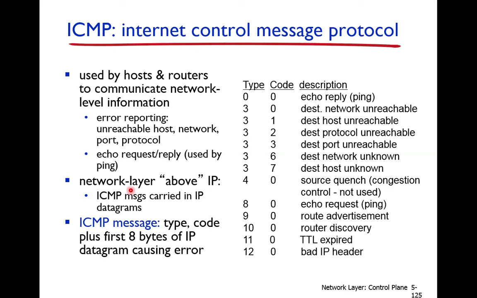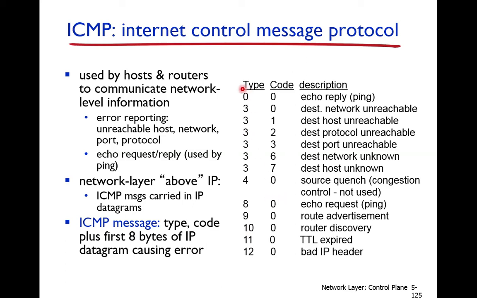In ICMP, there are different types of messages, and these messages have a type and a code. The type value could be 0, 3, 4, 8, 9, 10, 11, 12, and the code value could be 0, 1, 2, 3, 4, 5, 6. Okay.